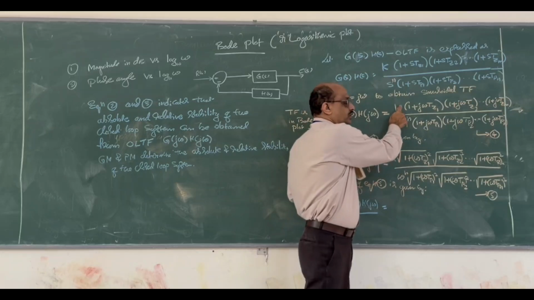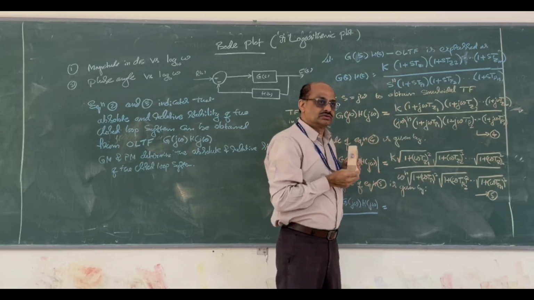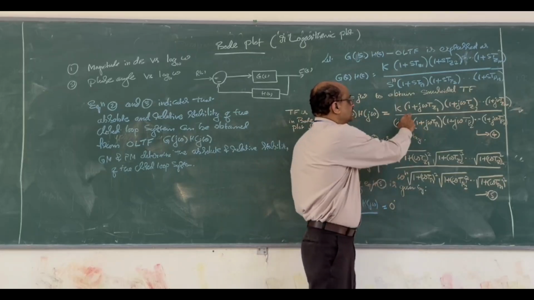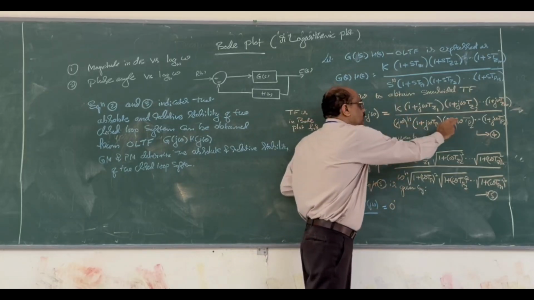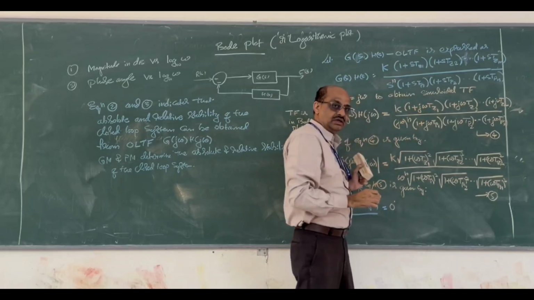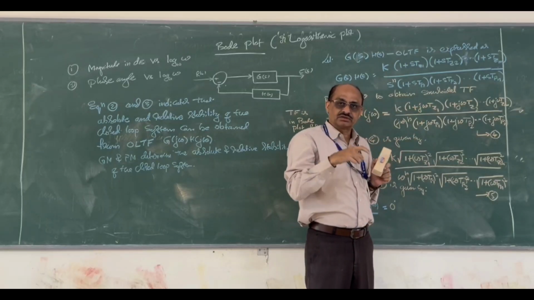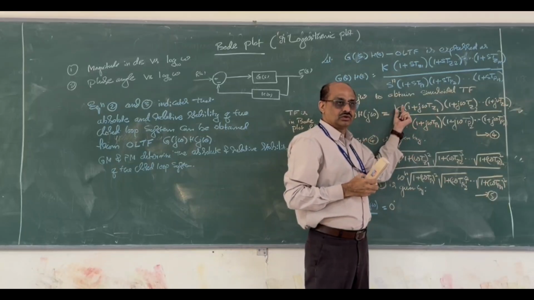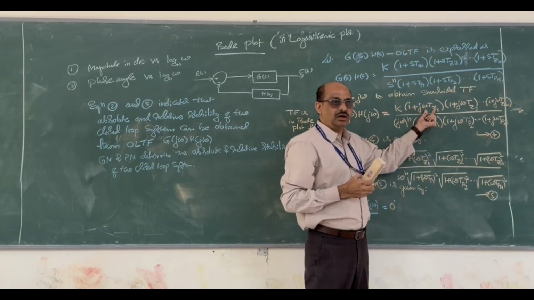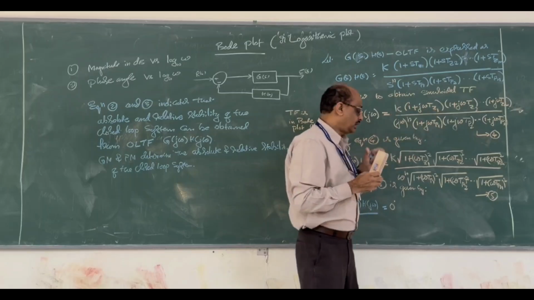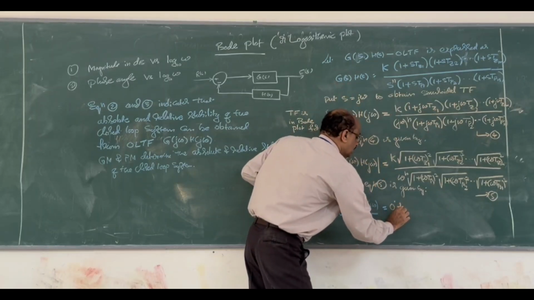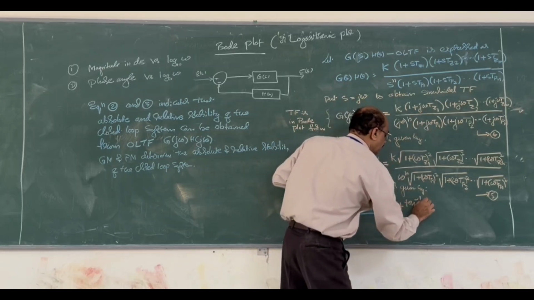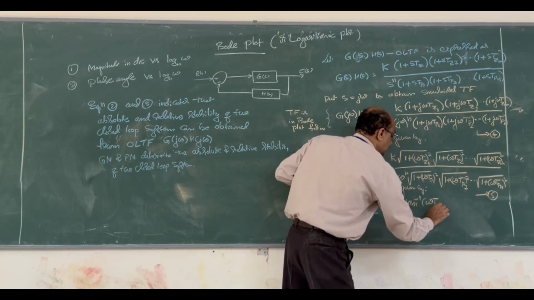The phase angle due to K is 0 degree, so I'll write 0. Due to the zeros, it is plus tan inverse of the imaginary part by the real part, which is plus tan inverse of omega T z1.